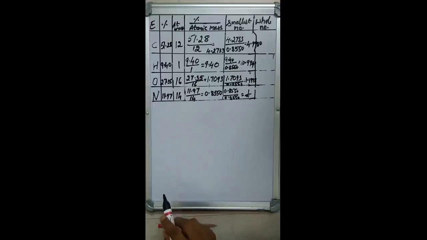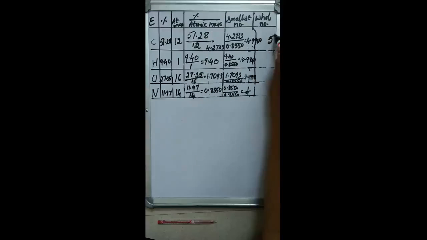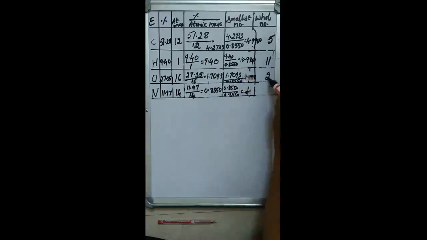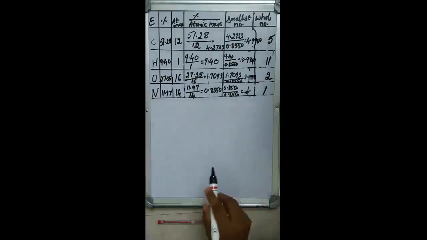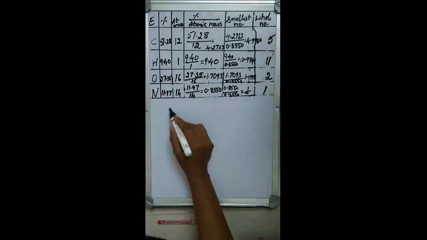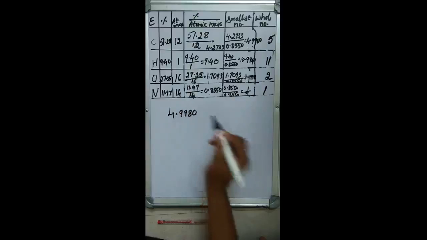Now, whole number. How do we convert into a whole number? 4.9980 is considered as 5. 10.9941 is considered as 11. 1.9998 is considered as the next number, 2. This is 1. Okay. Now this part I will explain. Here I will explain 4.9980.